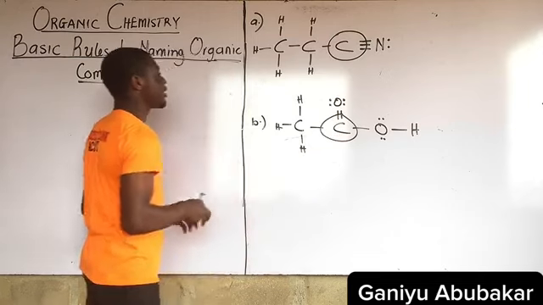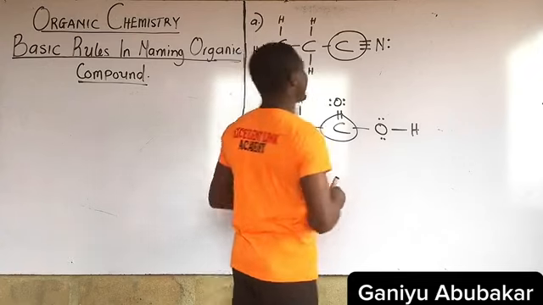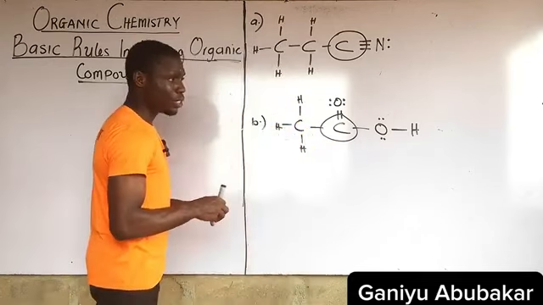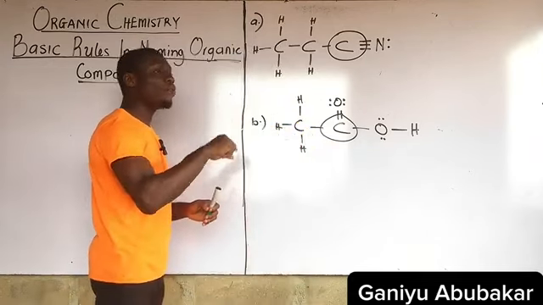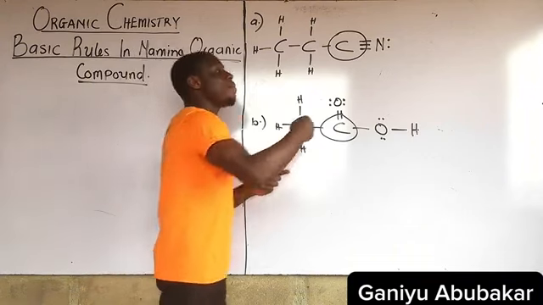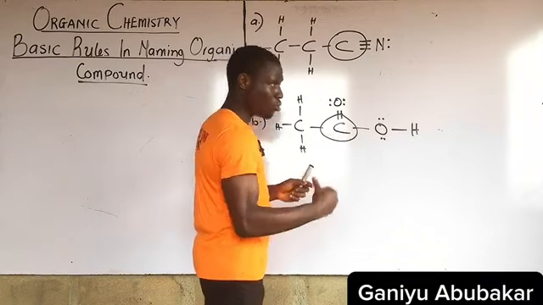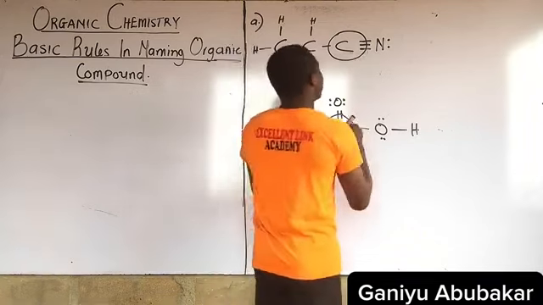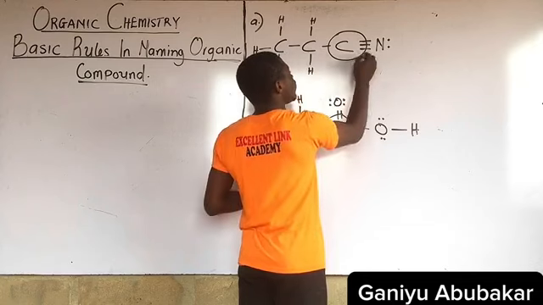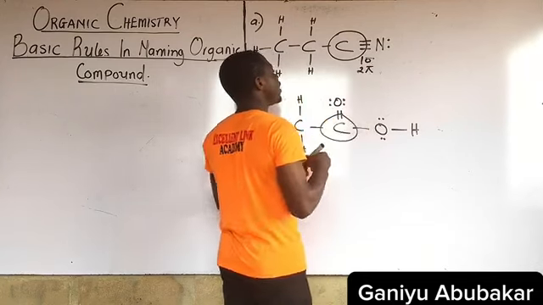My first task is to get the total number of sigma bonds and pi bonds here. We said sigma bonds occur in single bonds, while pi bonds occur in both double bonds and triple bonds. For one triple bond, I have one sigma bond and two pi bonds.